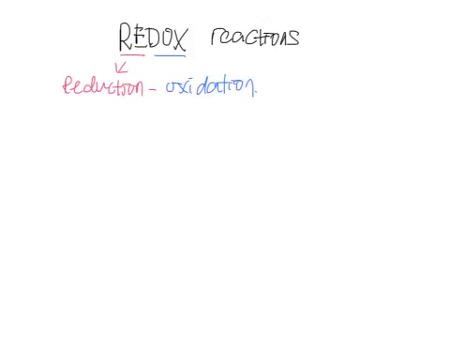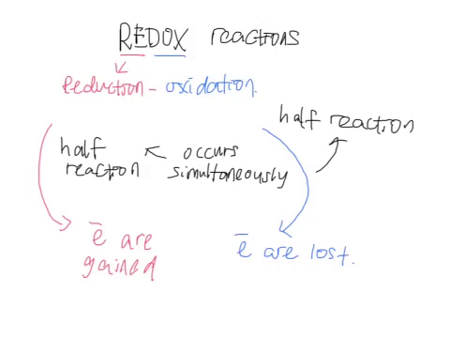And the thing that connects them together is actually electrons. So, reduction reaction refers to a reaction where electrons are gained, whereas oxidation is the total opposite, meaning certain molecules in the reaction would lose electrons, which will then be transferred over to the reduction reaction.